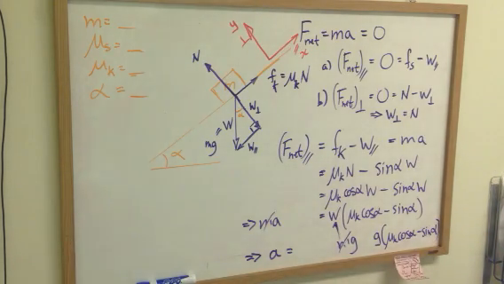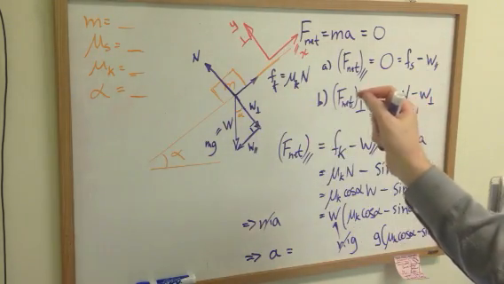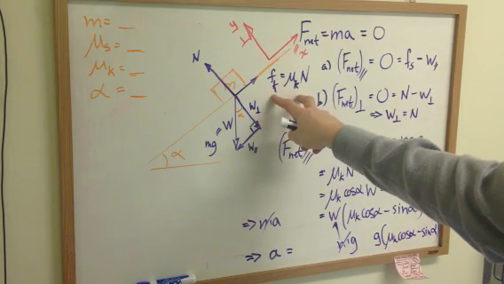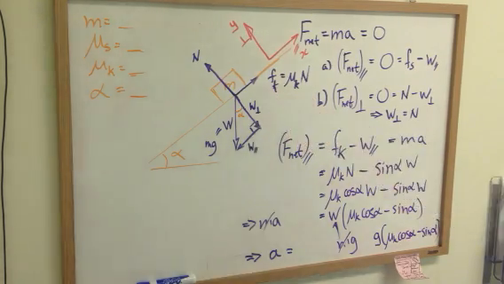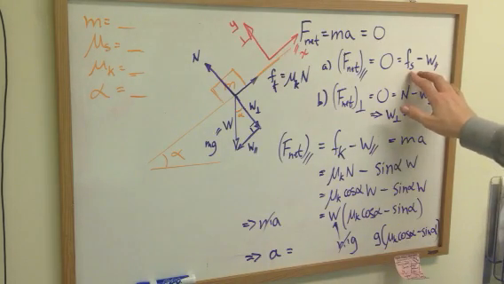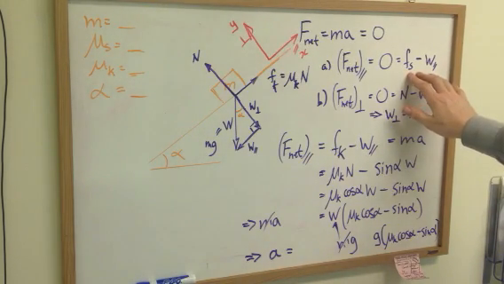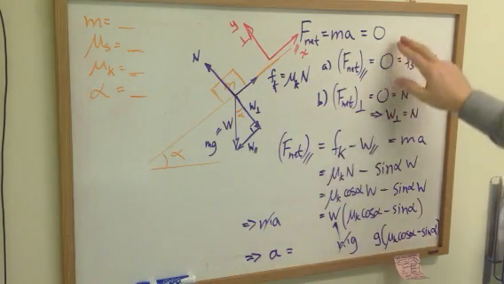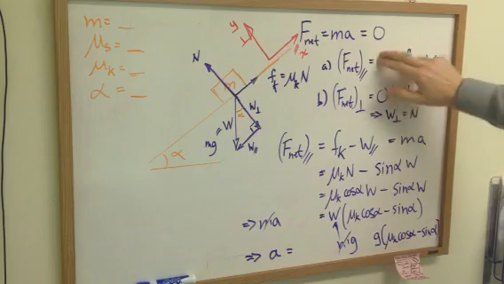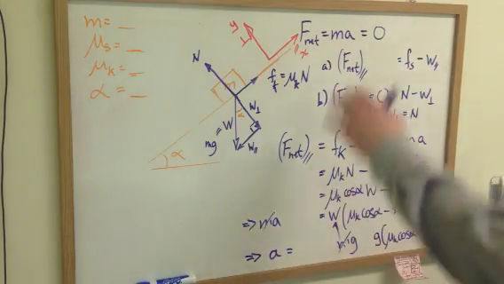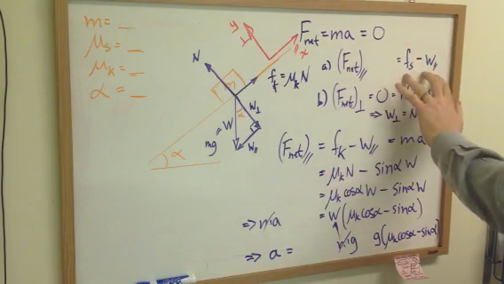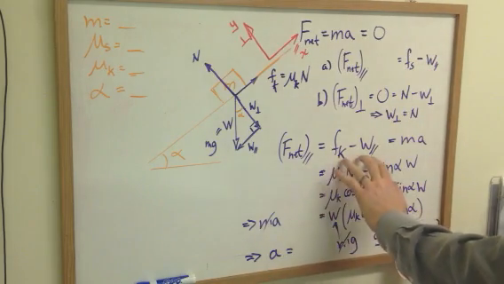Okay, let's just review how we put that together. Again, we have the same force diagram. The friction force has changed from static friction to kinetic friction. Kinetic friction is a little bit less. The net force in the parallel direction is what's going to cause this acceleration. The net force in the parallel direction is no longer zero. It is accelerating. Now the equation is the same, but it's just not equal to zero. We calculate what it is.